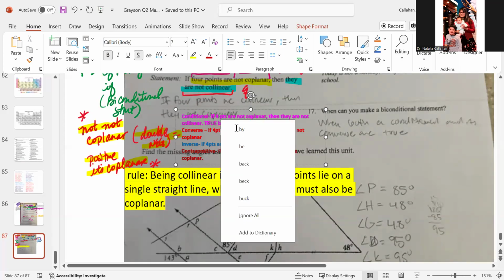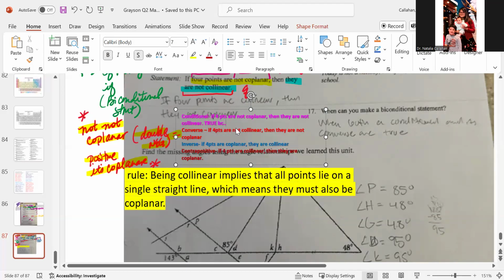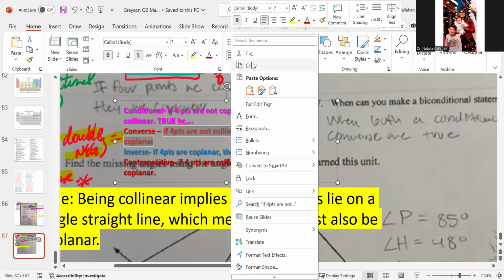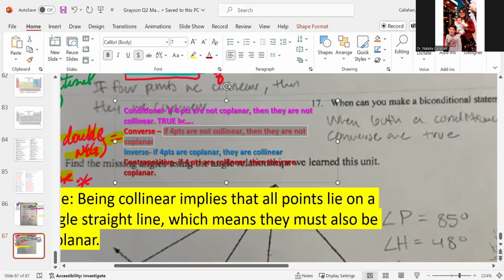Yeah, so then you can go ahead and just use that as your reason. Does that make sense? So you want to write it down. So maybe draw an arrow and just say true, because if 4 points are not on the same plane, then they're definitely not on the same line. Okay, does that make sense though? Yeah. Okay, so you could do that. It's true. If 4 points are not collinear, if they're not on the same line, they're not on the same plane. Because, what did you use as an example? Because why?